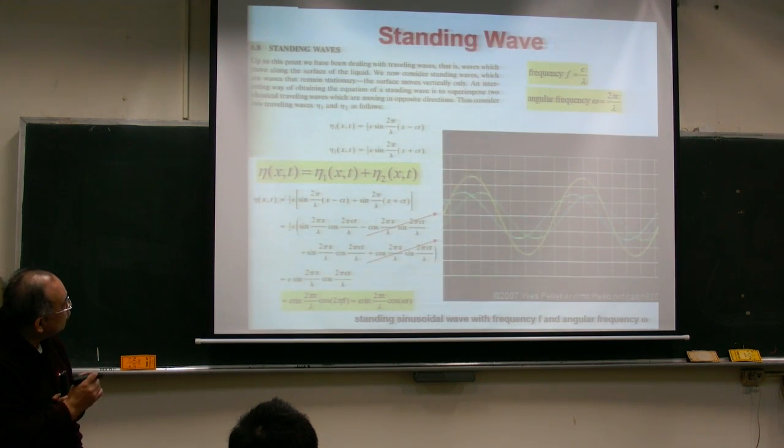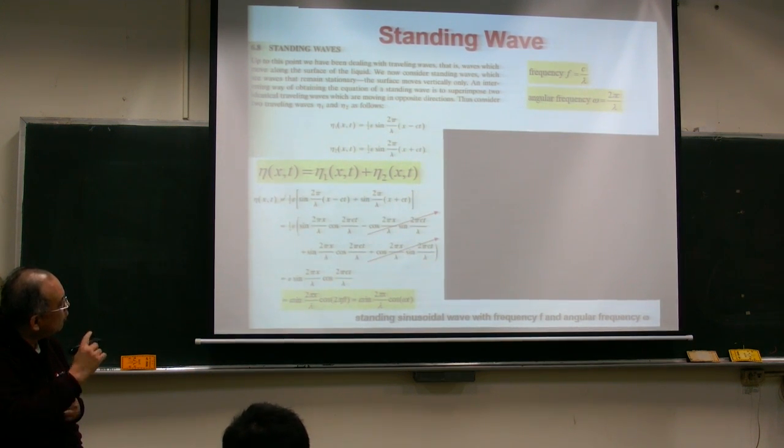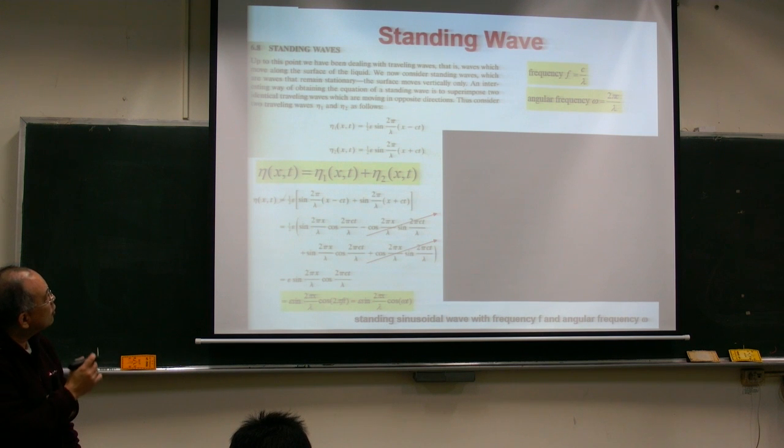As you can see, there is some point that doesn't have any amplitude at all, and we call this a node. At this node we will not have any oscillation at all. We're standing at that point, so that's called a standing wave.